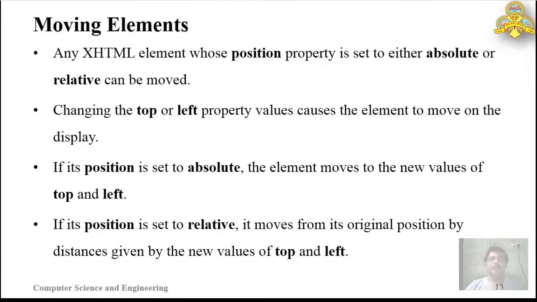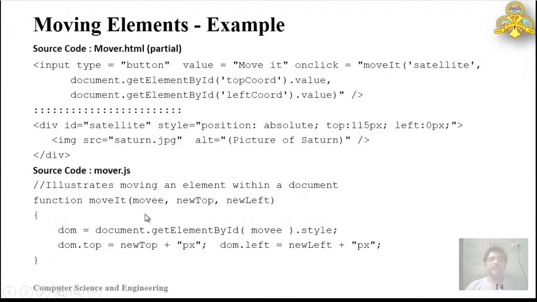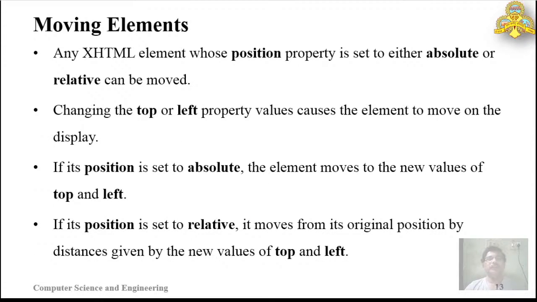If the position value is set to absolute, the element will move to the new values of top and left. That means it's always measured from the edge of the browser window. If I placed it 100 pixels from the left side and later I give it 50, then it moves back toward the left side. It's always measured from the edges.